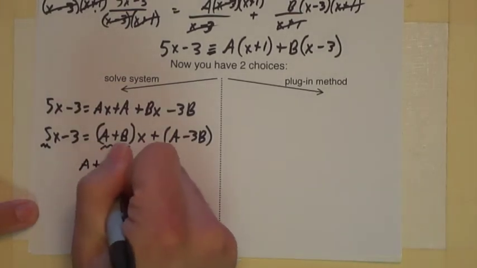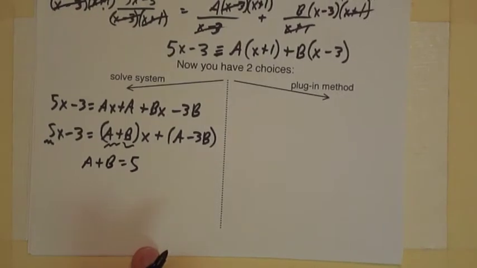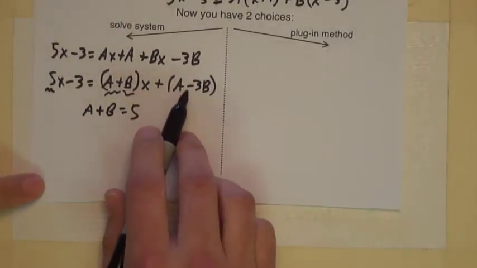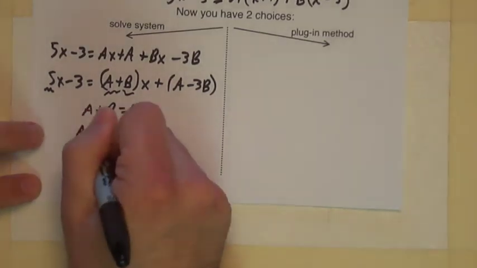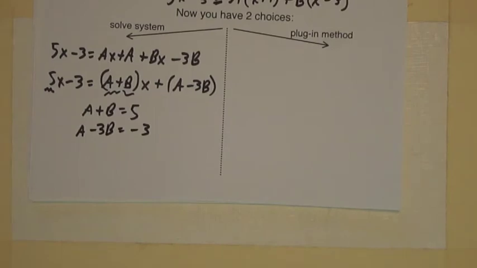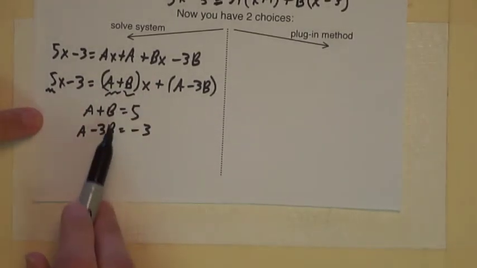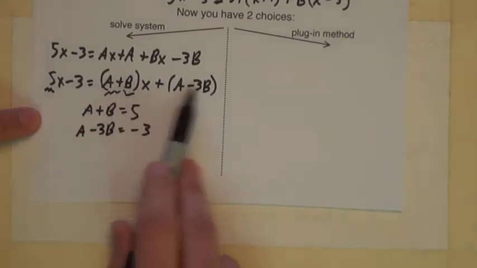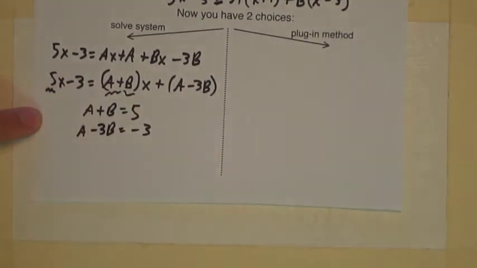So we can write an equation that the a plus b must be 5. And the rest of it, the a minus 3b, must be the constant negative 3 at the end. So taking advantage of the fact that this is an identity yields these two equations. That's the only way this side could be exactly the same as this side for all values of x.